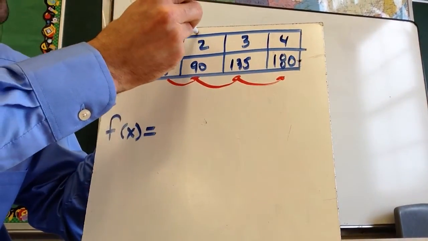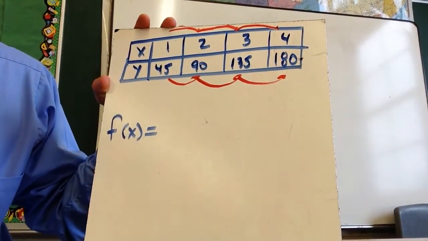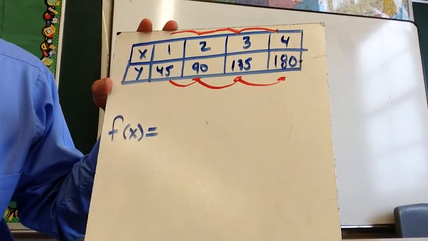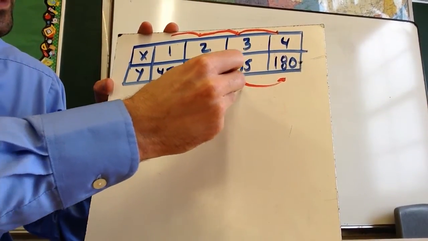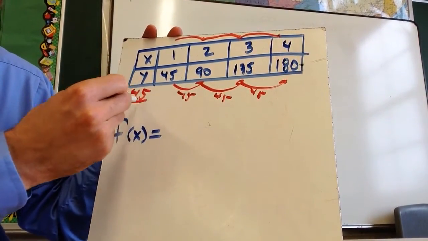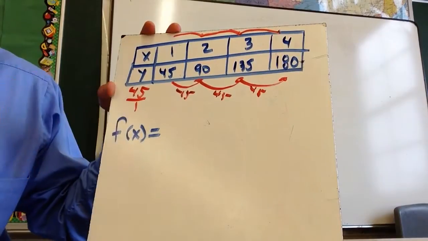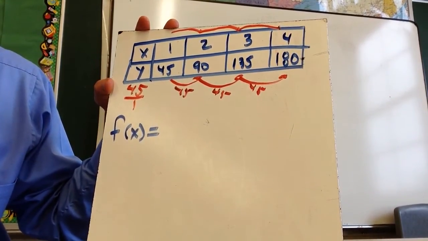And same here, are these going up by a constant rate? Since the x's are going up by 1, the y's are going up by 45. Hopefully we see that. So the change in y is 45 and the change in x is 1. So my constant rate of change is 45 over 1.